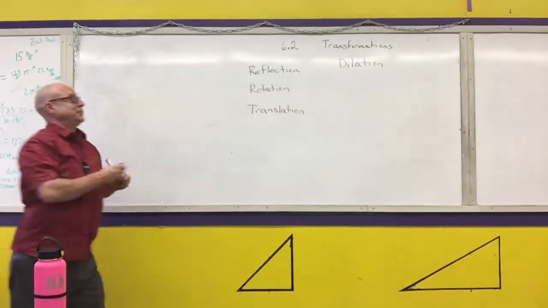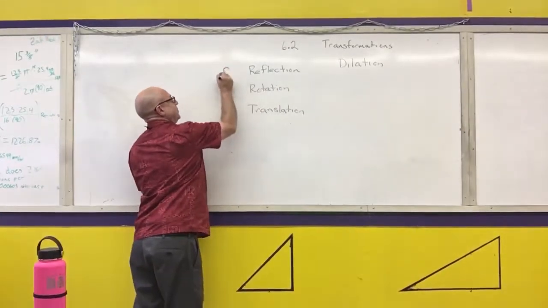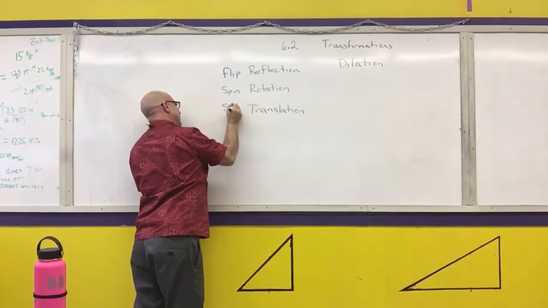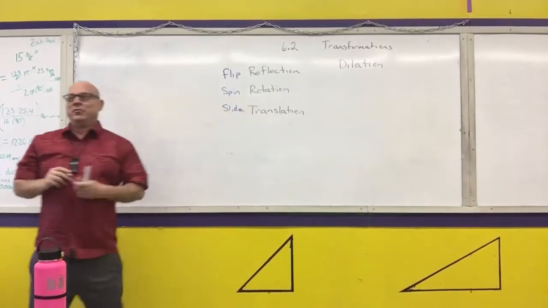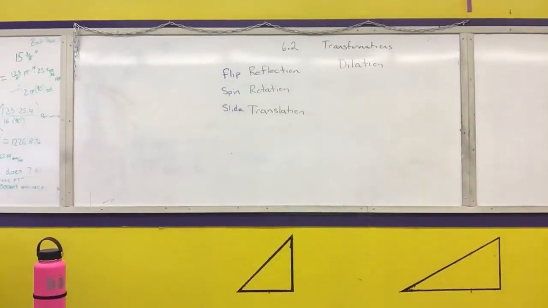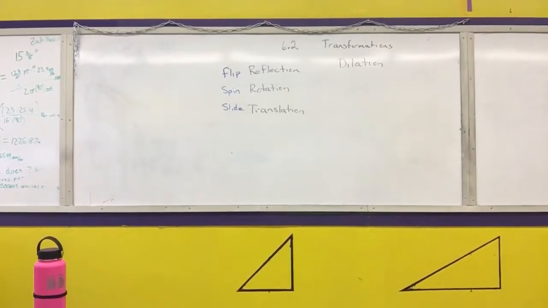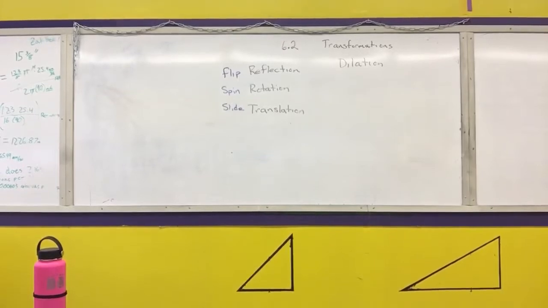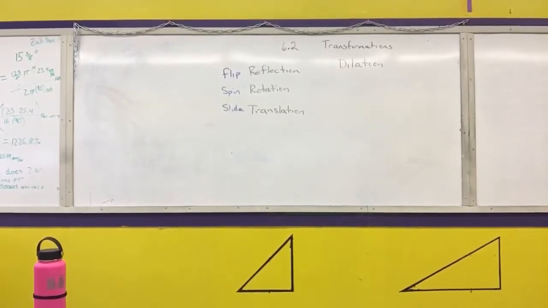Your middle school terms are in blue: flip, spin, and slide. High school terms are in black. If I ask you to describe a transformation from now on, please do not use one of the blue words.